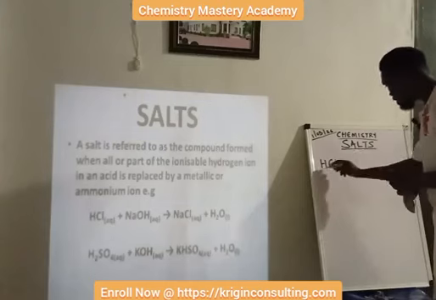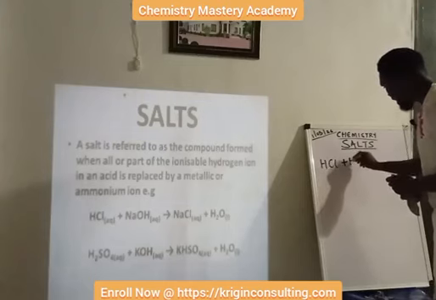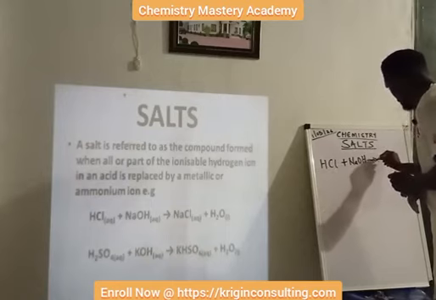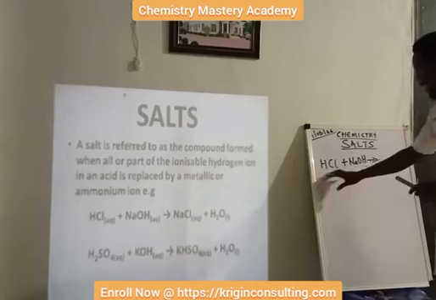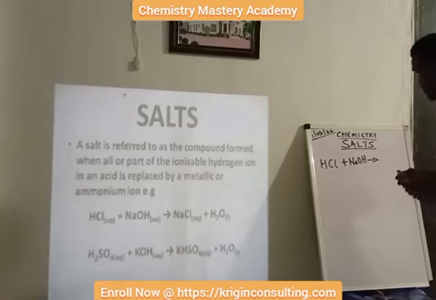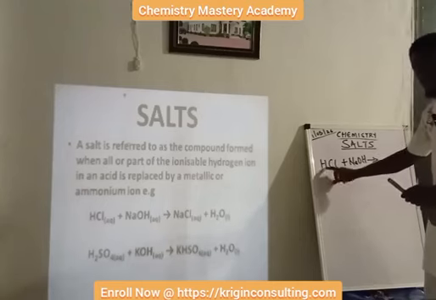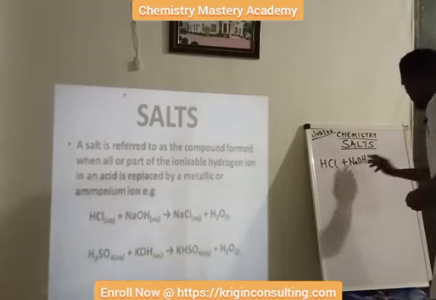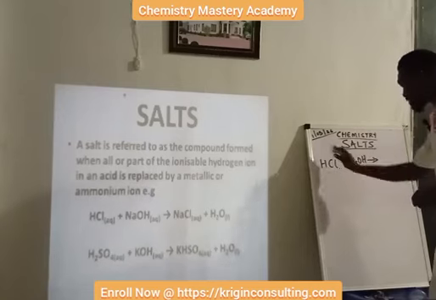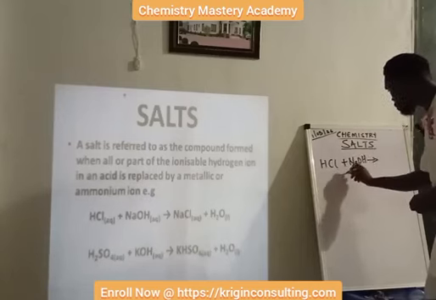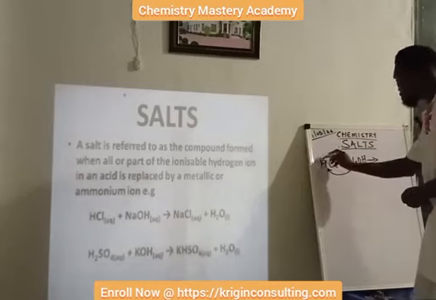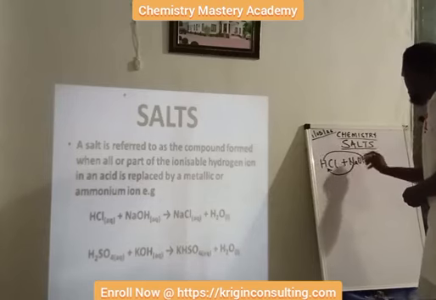So look at this, HCl plus NaOH, sodium hydroxide. Now, when I react these two, this hydrogen will go off, and this sodium will now take its place. So we have sodium taking the place of what? Hydrogen. And hydrogen attaching itself to what?